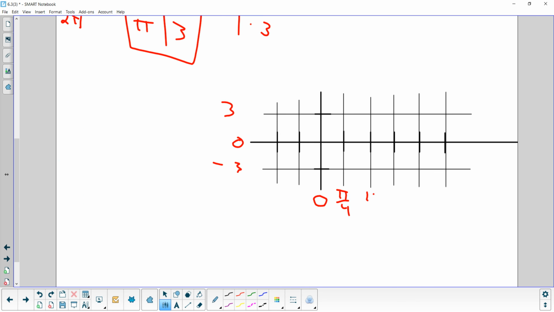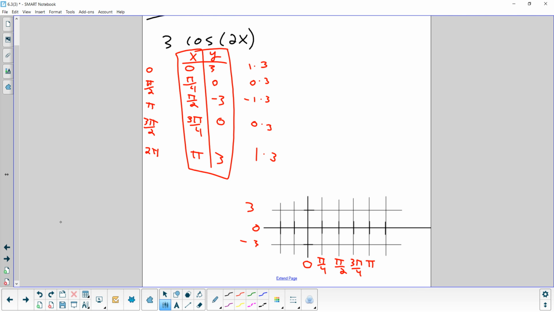Technically, that's 2 pi over 4, but we reduce it. That's 3 pi over 4, and that's 4 pi over 4, but again, we reduce. Okay, plot your points. So 0, 3, 0, negative 3, 0, back to 3.